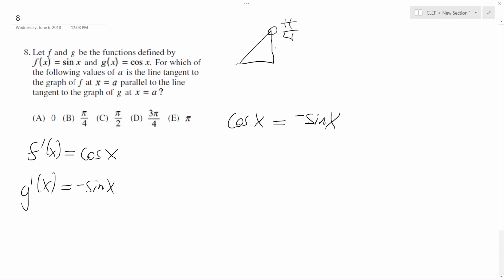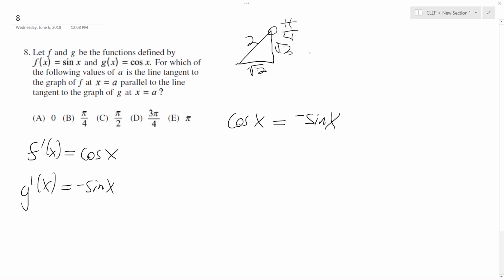I'm not saying that's the answer, but the reason why is because the cosine in this case is root 2 over 2, and then the sine is opposite over hypotenuse, which is root 2 over 2.